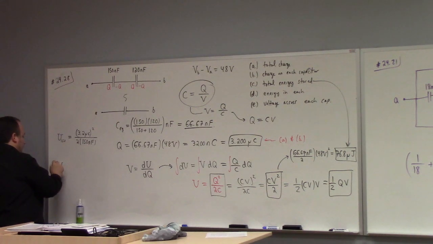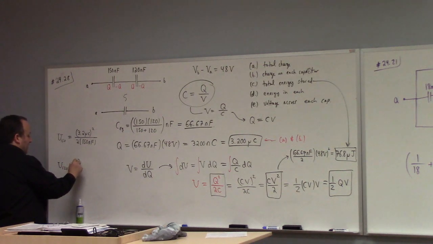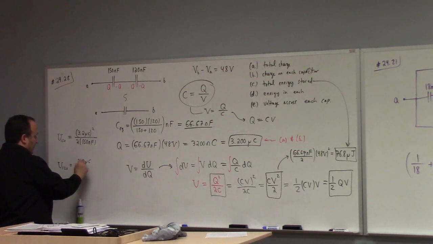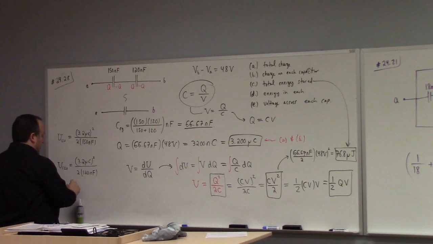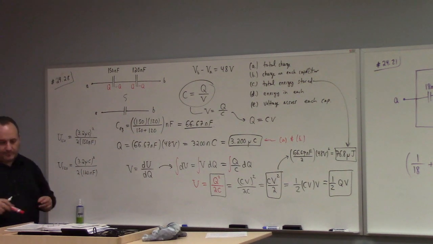And then the potential energy in the 120 should be, again, same charge, right? 3.2 microcoulombs squared divided by twice the 120 nanofarad. So let's work those out.